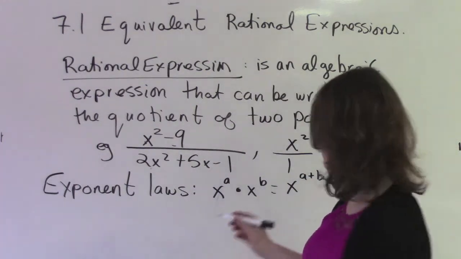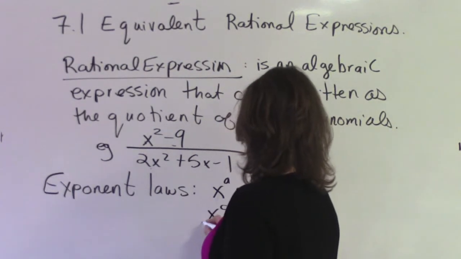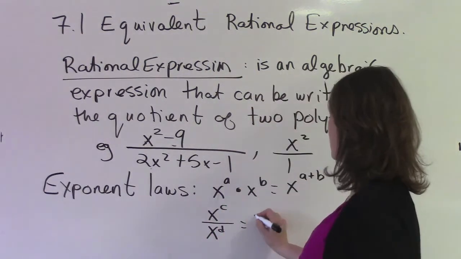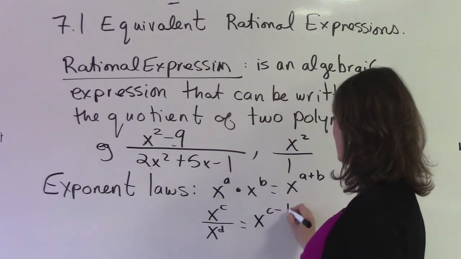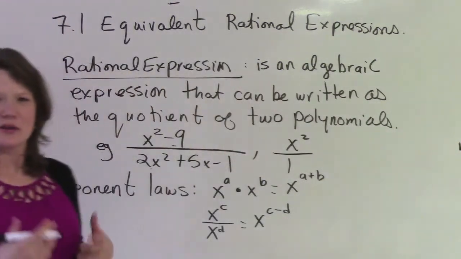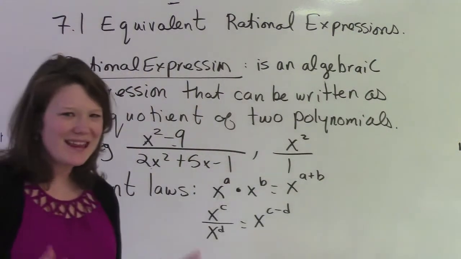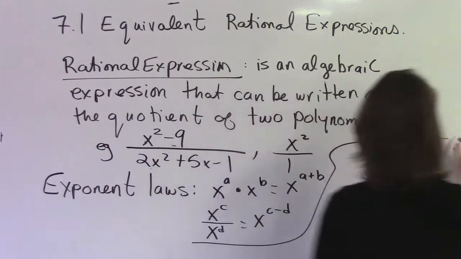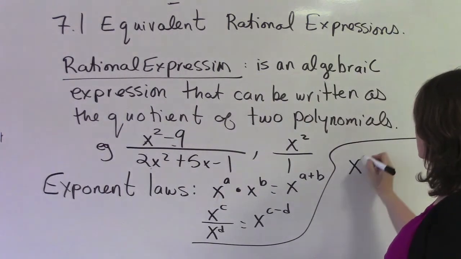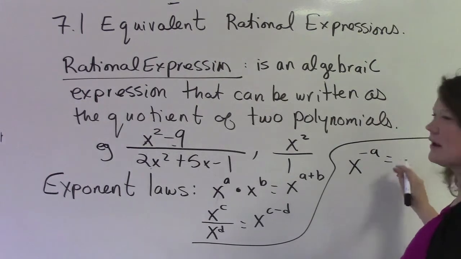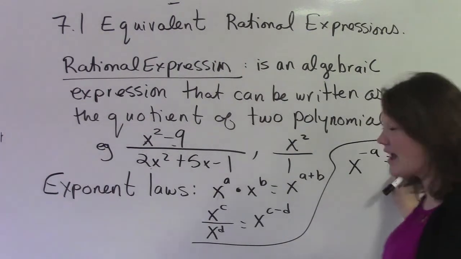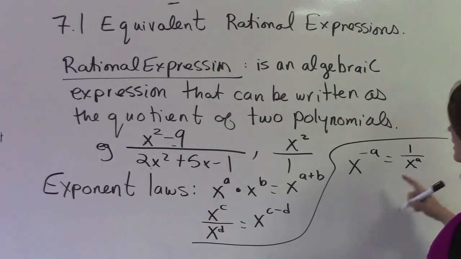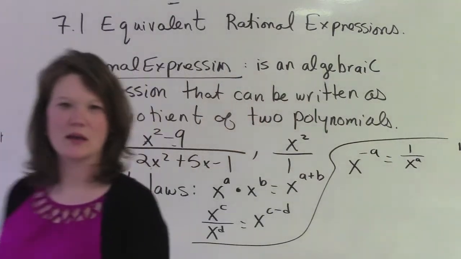What happens if we're dividing? x to the c over x to the d? Well, that's just subtraction. x to the c minus d. There's one more little tricky thing that I want us to remember: if we have something like x to the negative a, that's just the same thing as 1 over x to the a. This is going to be an important one, okay?